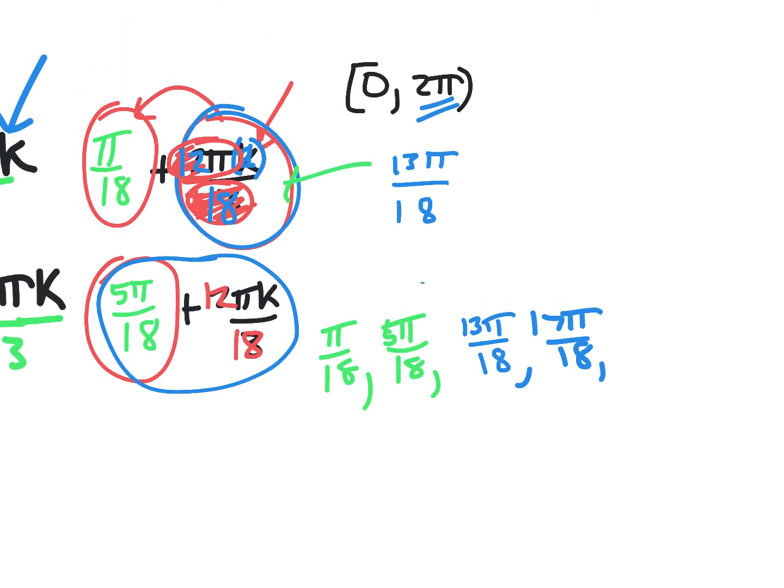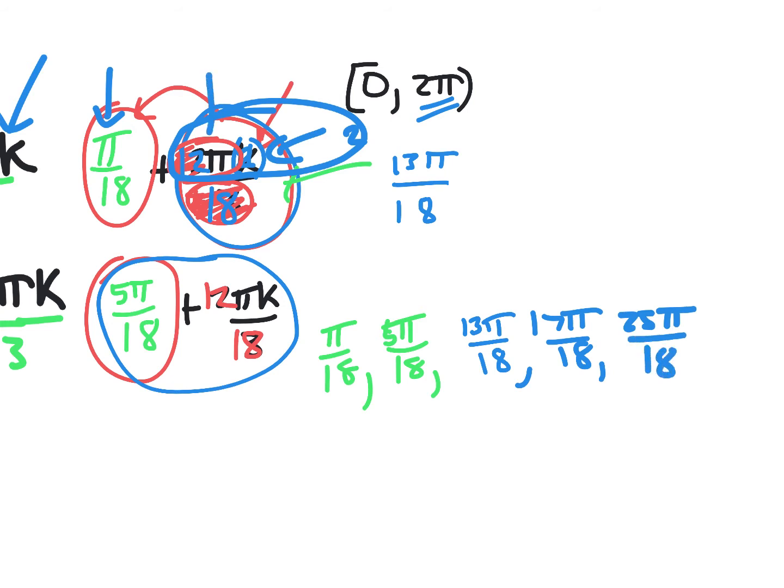And then I'm going to do it one more time. It's like k just turned into 2. I'm going to add 24 pi over 18 to the 1 pi, and that makes 25 pi over 18. Another way to say it is I could add 12 pi over 18 twice. You know, I already added 12 pi over 18 and I got that.